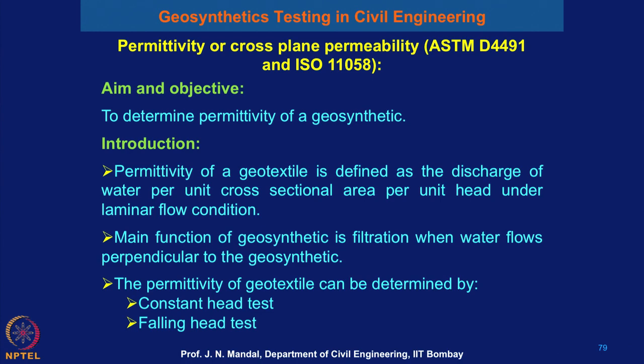So remember, when you talk about permittivity, water is flowing across the plane of the geosynthetic material. You have to determine whether it is permittivity or transmissivity, whether it is filtration or drainage. You have to decide, and apply accordingly to your particular problem or application.